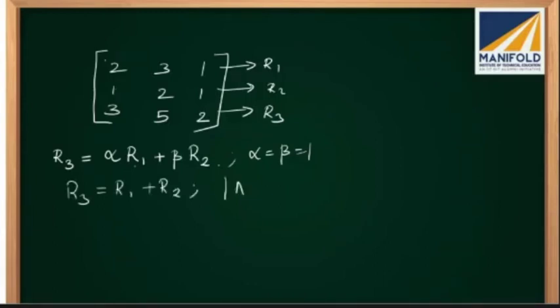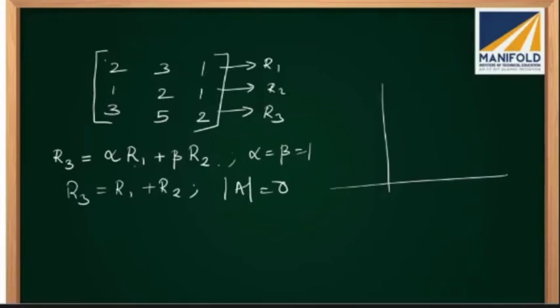Then the determinant will be equal to 0. This is the last point regarding the properties of determinant. That is, if you take the linear combination of any two rows and that gives the third row, then the determinant will be 0. Now that gives you an insight about one more thing. If the determinant is 0, then all these three rows, all these three columns, are lying in the same plane.